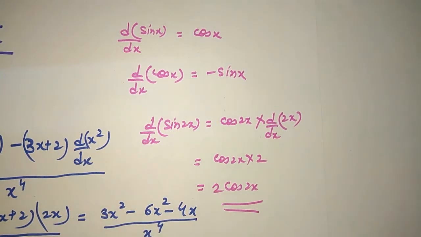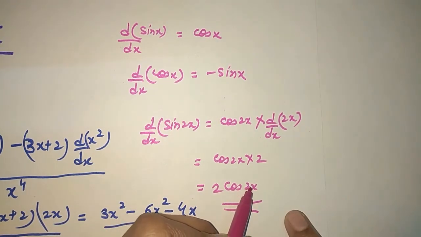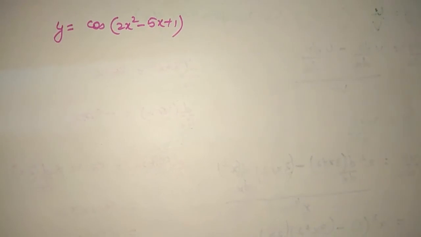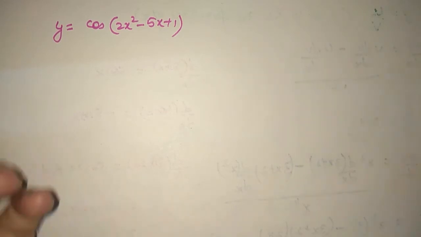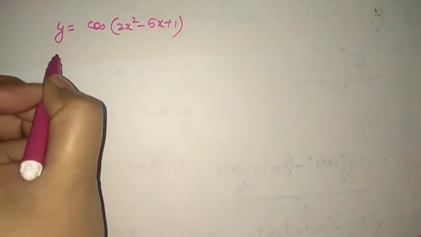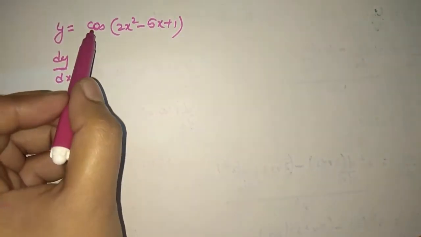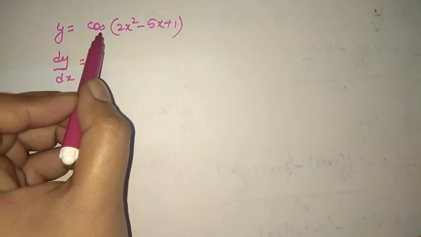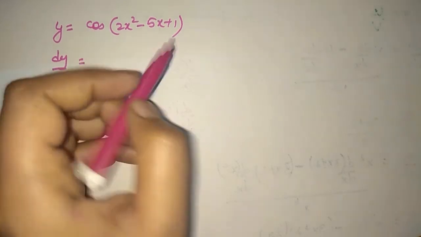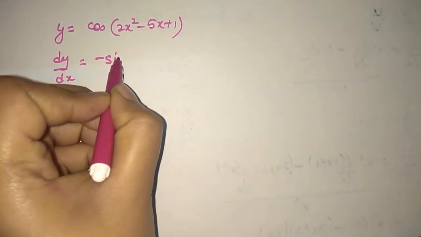Now let's see this with another example. That is y is equals to cos of 2x square minus 5x plus 1. Again we have to find the derivative with respect to x, that is dy upon dx is equals to. First, what is the derivative of cos? That is minus sine.